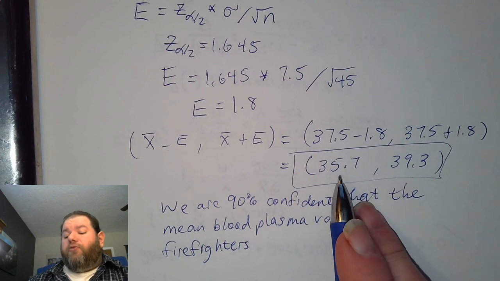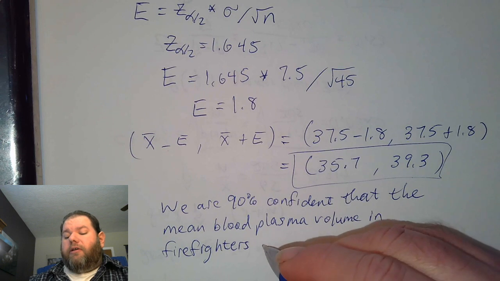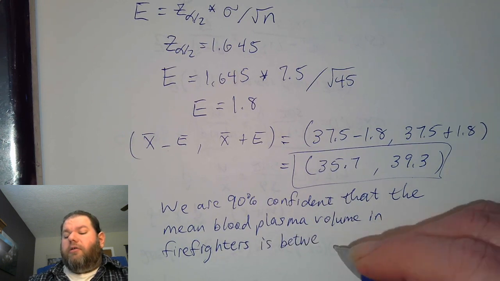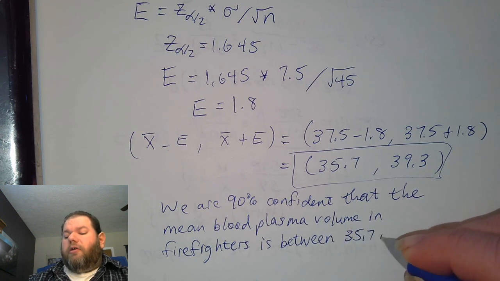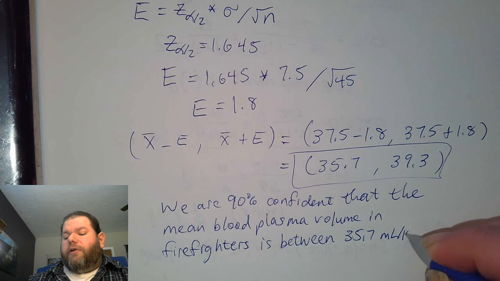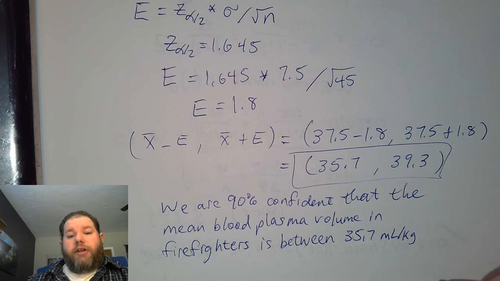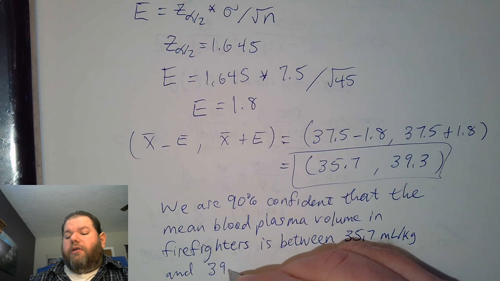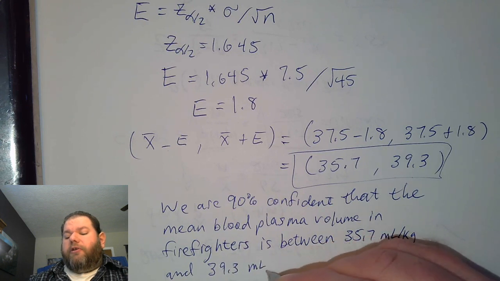And we've determined it's between 35.7 milliliters per kilogram, incorporating the units of measure that are also given in the problem, and 39.3 milliliters per kilogram.